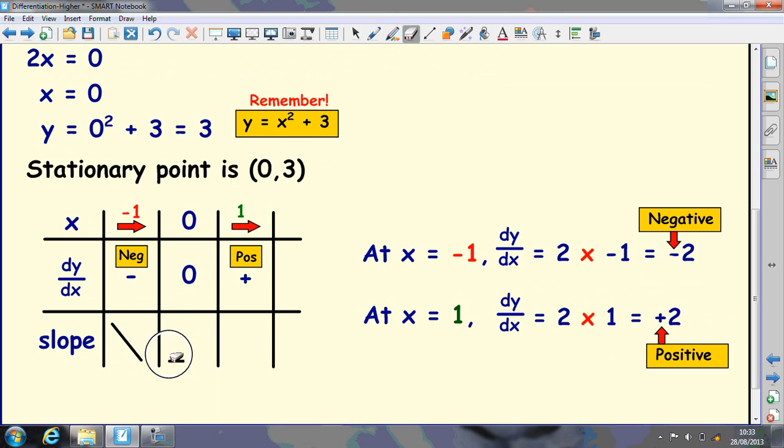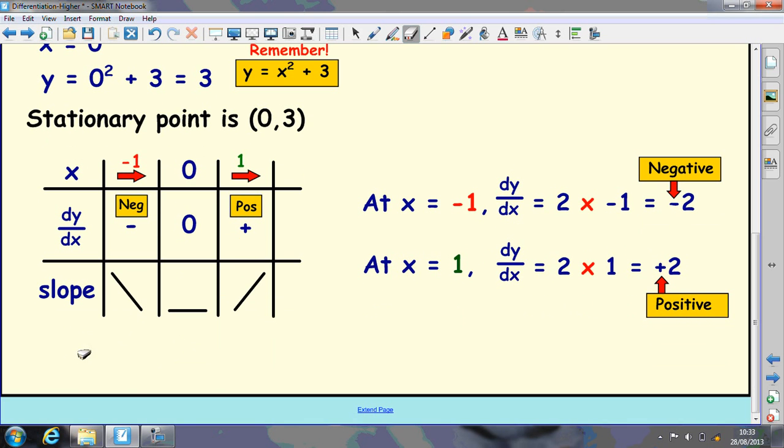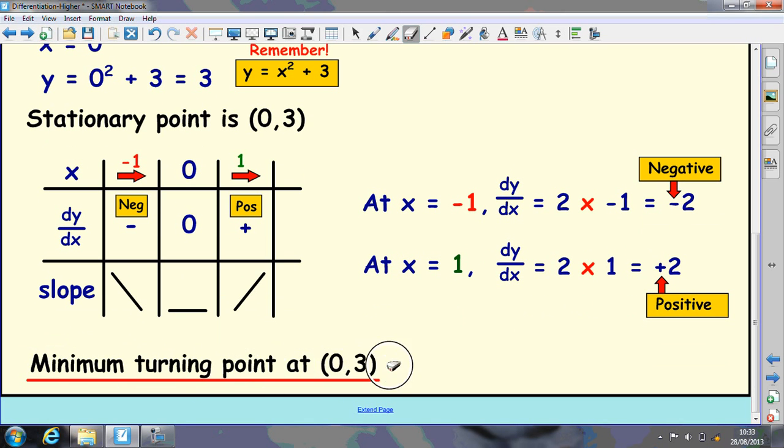This is your stationary point, so that's flat, and positive's going up. So thinking about the previous screen, this looks like a minimum turning point. So we've worked out the coordinates of the stationary point. Now using the nature table, we've worked out what it looks like. So we have a minimum turning point at (0, 3).